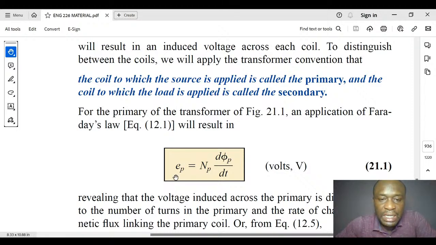Assuming the instantaneous voltage of a transformer, this is the number of turns of the primary transformer that we've discussed so far, and this is the rate at which the flux at the primary side changes. So the voltage at the primary side is determined by the number of turns and the change in flux of that primary side.